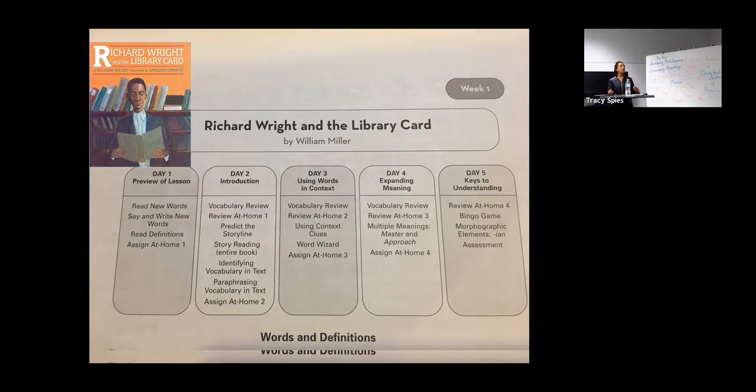So now we're including writing around words for second grade, third, and fourth grade. So day one is always stable. Day two, review the vocabulary. We predict a storyline. The teacher reads the entire book, but the children are following along in their chapter book.